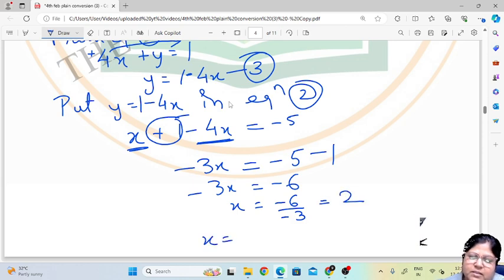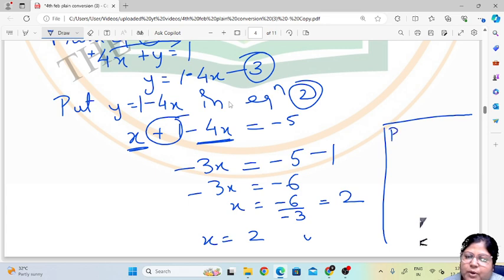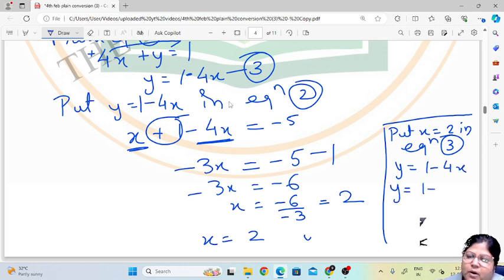So when x is 2, we have not got the y value. So put x equals 2 in equation 3. So y equals 1 minus 4x. So y equals 1 minus 4 into 2.